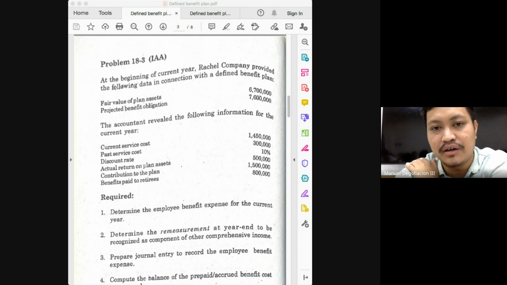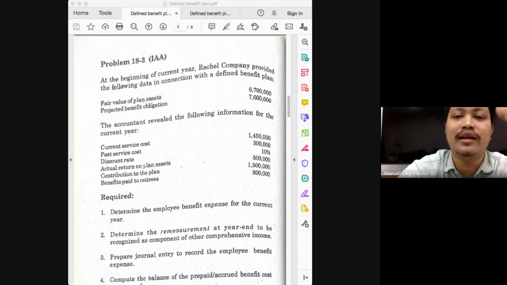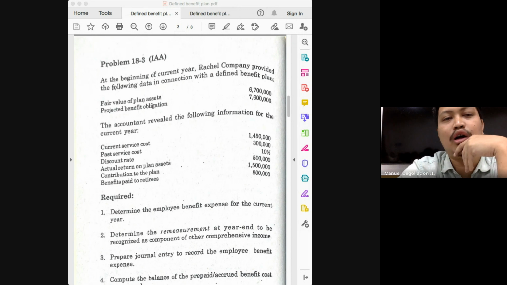And which one was greater, the benefit cost or the contributions? Benefit cost. And if that's the case, that will only increase your liability. That will only increase your accrued benefit cost. How much again was the difference? 2,010,000 minus 1,500,000, that's 510.